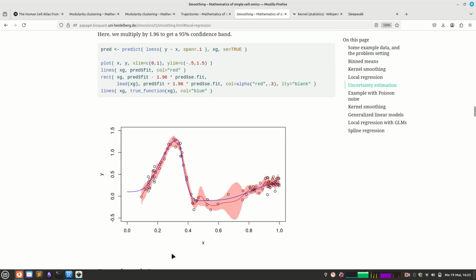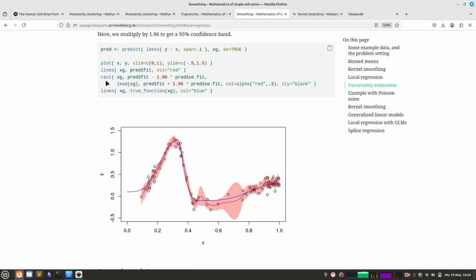The last thing we can do, which I don't want to get into detail now, but if you've ever learned a bit more about the mathematics of linear regression, you might know that linear regression gives you a standard error for each of its coefficients. The same way you can say the standard error of a mean is the standard deviation of the data divided by the square root of the number of data points, you can also calculate this for the coefficients that come out of a linear regression.